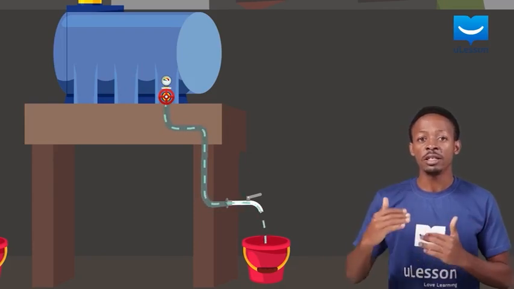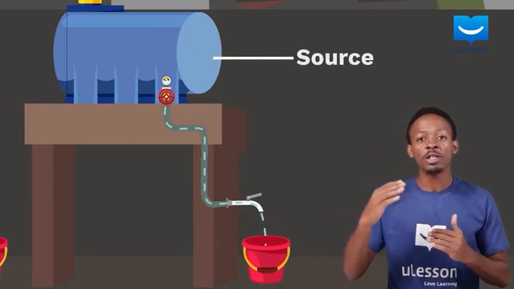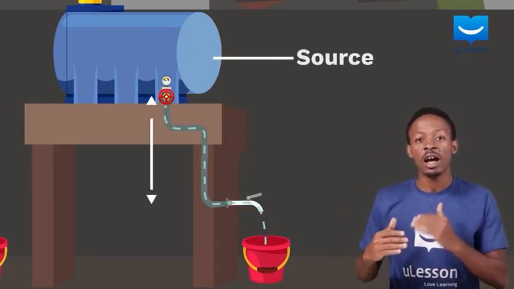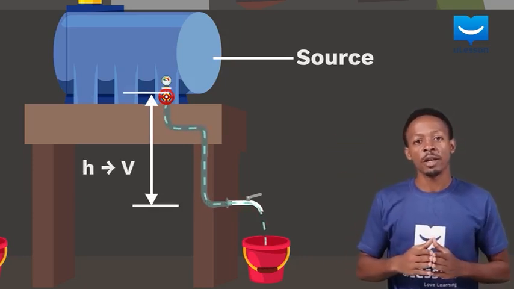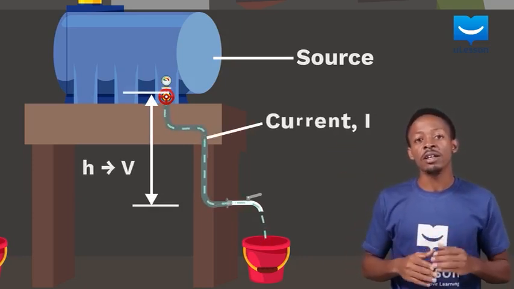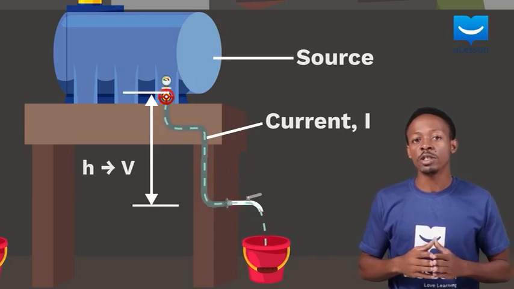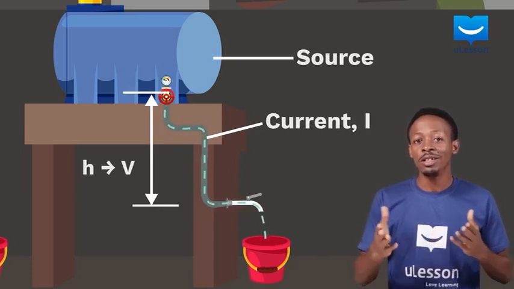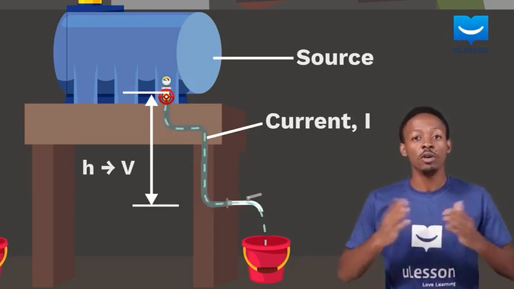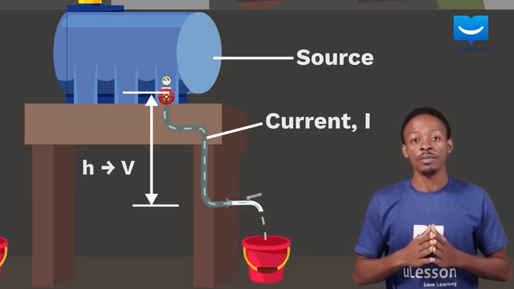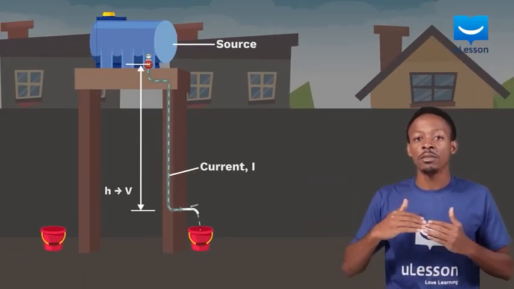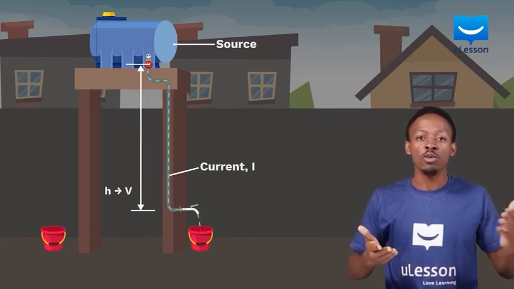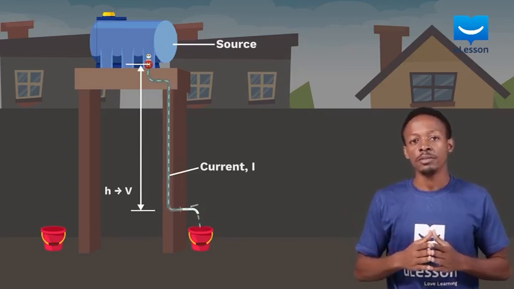In this case, the tank is our source, and the potential difference will be the difference in height from the tank to the tap on the ground. Now, since current I is the speed or rate of flow of charges in a conductor, this is represented by the speed of the water coming out of the tap. So now we know the higher the height, the faster the water will be coming out of the tap.